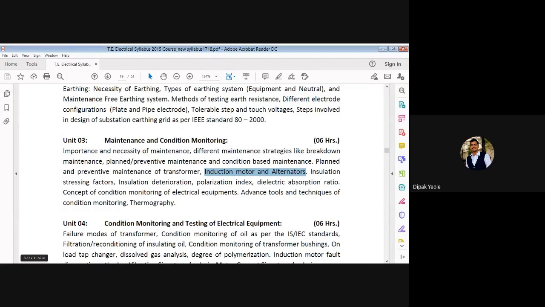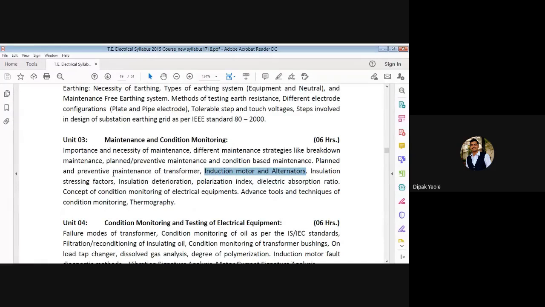Believe me, when you do the actual maintenance, we are studying the theoretical maintenance now, but when you come to our lab, open that transformer and take the tool kit, you will experience that there are a lot of parts in the transformer and we have to check the continuity of each part.